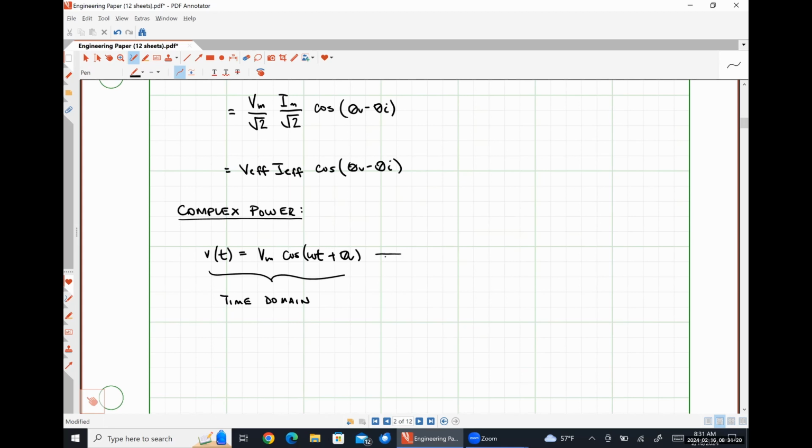And we have been using a frequency domain or a phasor representation as follows. So phasor voltage V is just Vm angle θv.